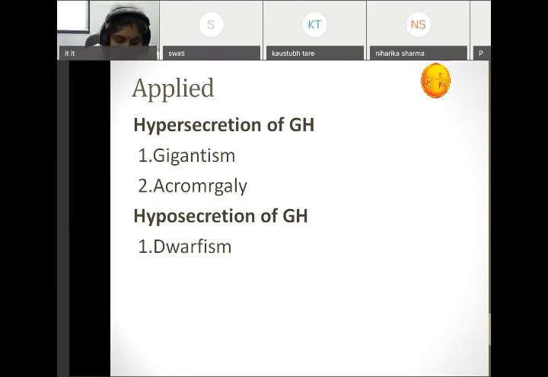Now, here one question is raised: there are two types of dwarf. One is pituitary dwarf and second is thyroid dwarf. Thyroid is also responsible for the physical growth of the body, and growth hormone is also responsible for the physical growth of the body. What is the difference between the pituitary dwarf and thyroid dwarf? Now, in short, I will tell about the thyroid gland.